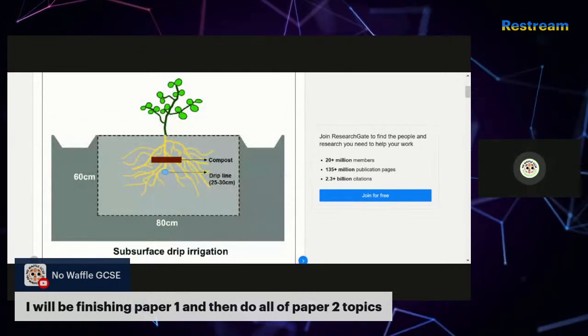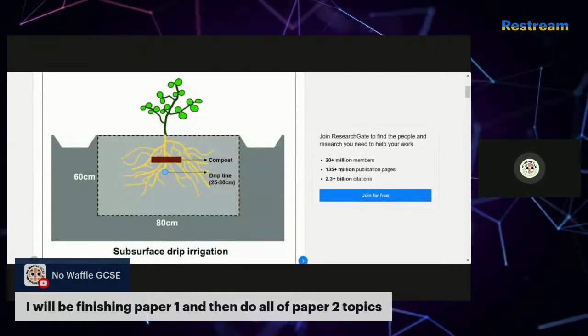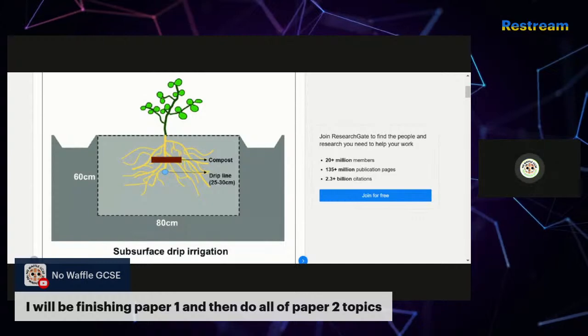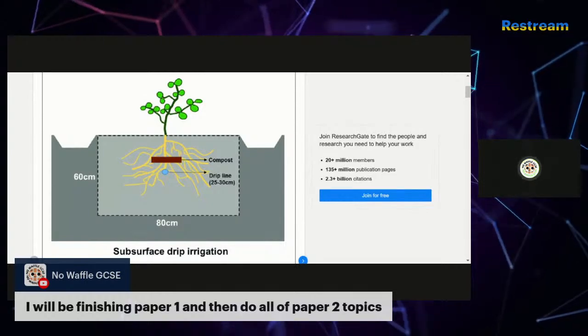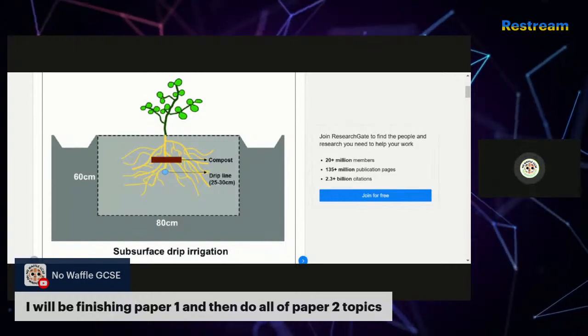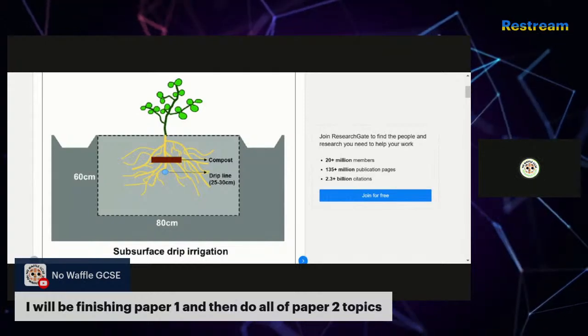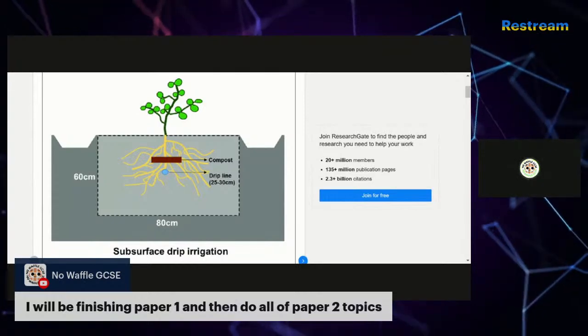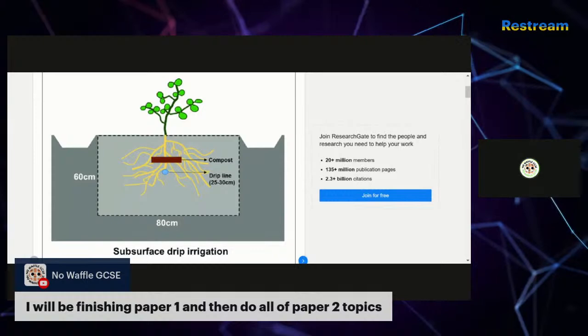Gravity flow is when you dig ditches and channels to transport the ground or surface water into the fields. Let me get you a diagram so that you can see this.